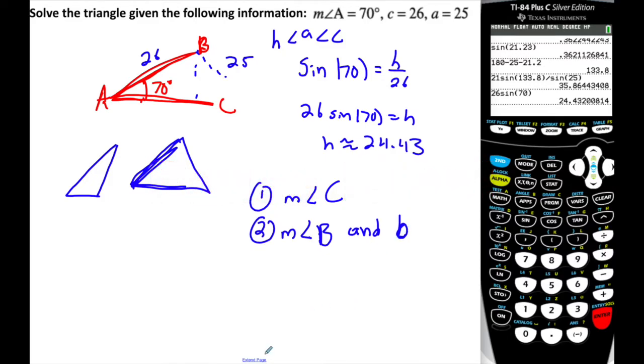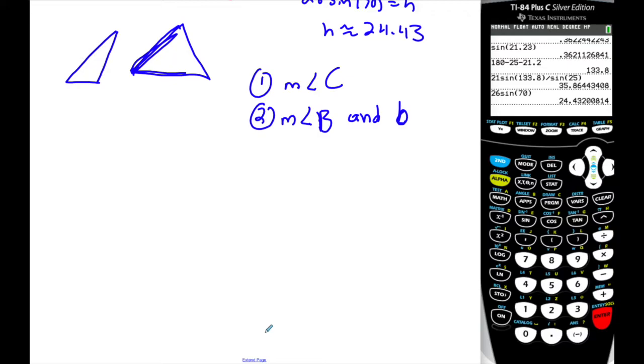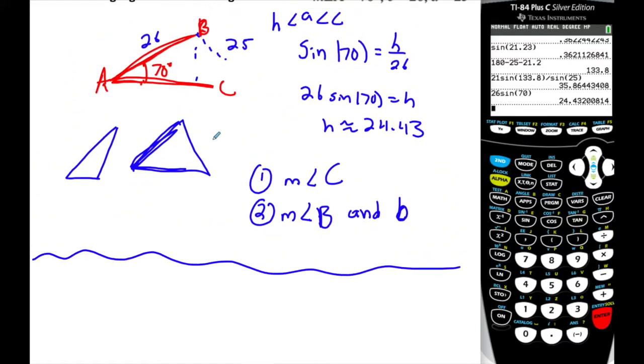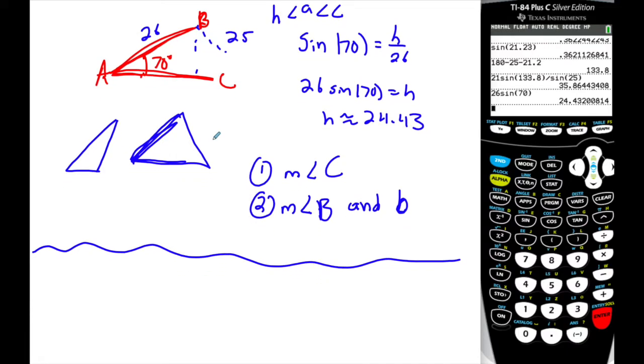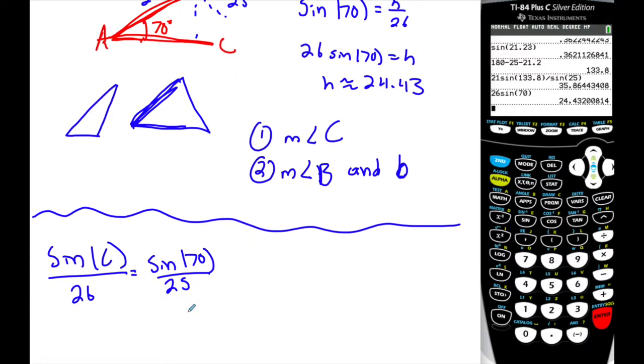All right, so here we go. Case 1, big C. Let's set it up. Sine of big C over 26, since C is 26, equals the sine of 70 over 25, because A is 25.